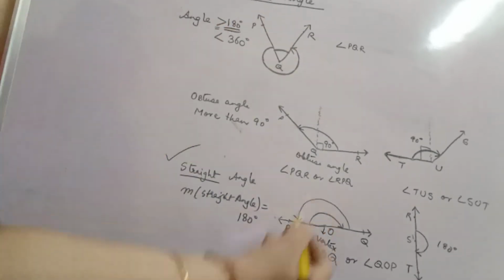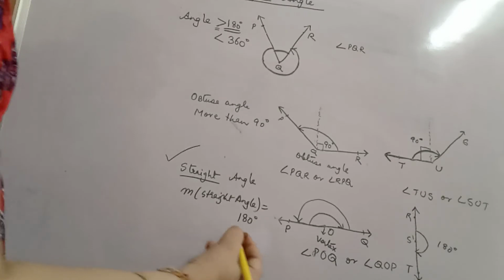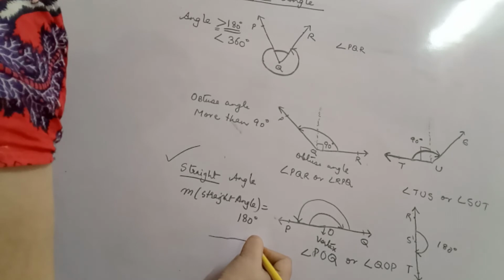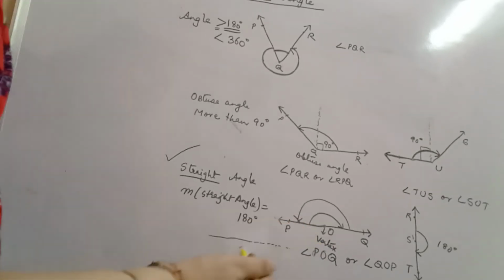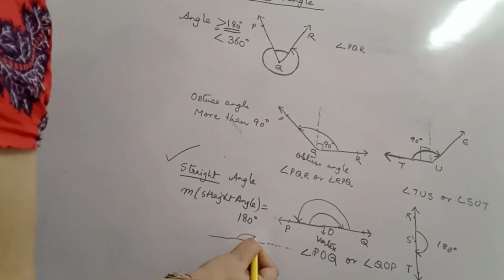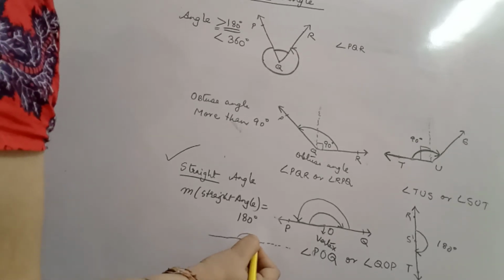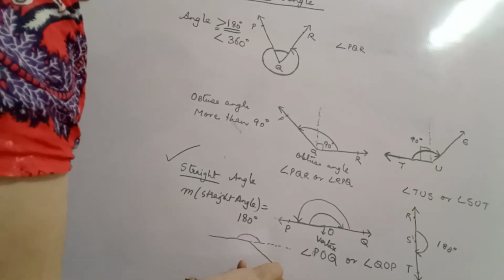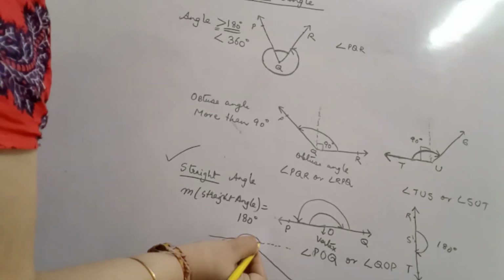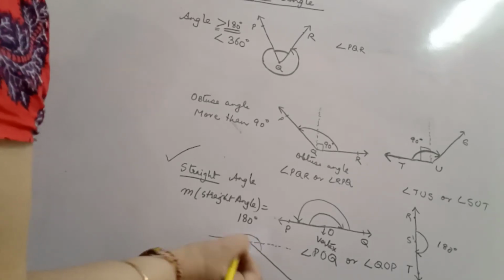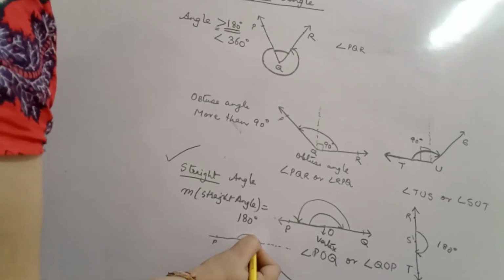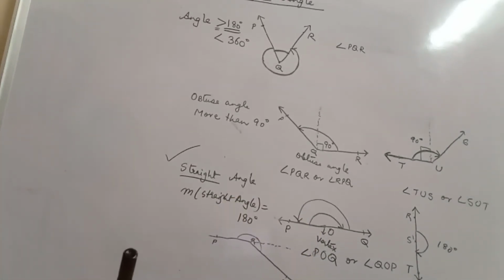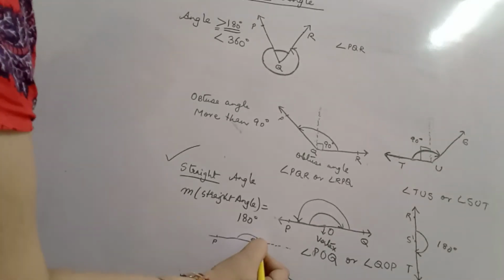greater than 180 degree. 180 degree means this is straight angle. See here, suppose straight angle I make like this, and starting from straight angle I make till straight angle, you say 180, and I make another ray here, means I am going beyond straight angle and reaching like this.